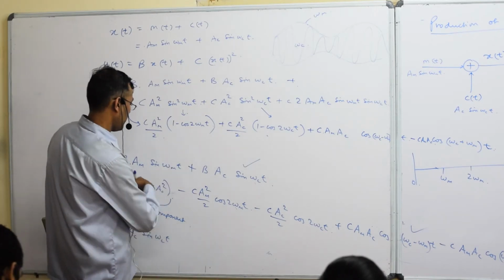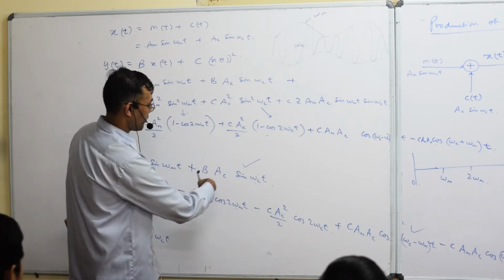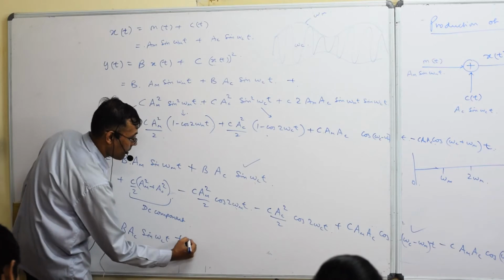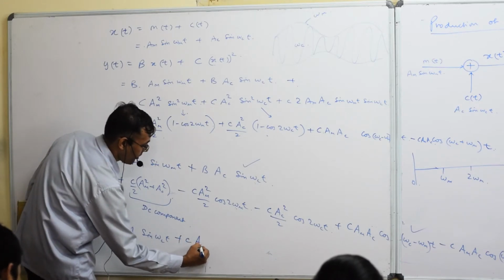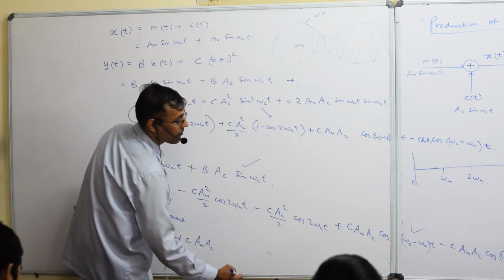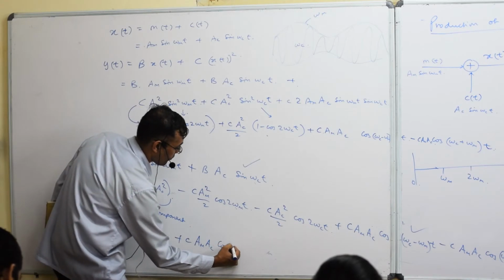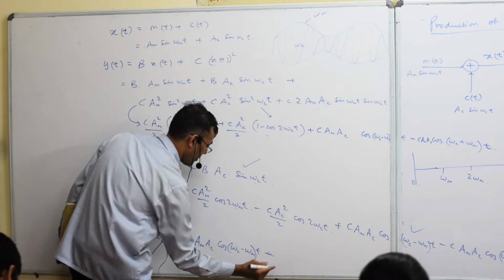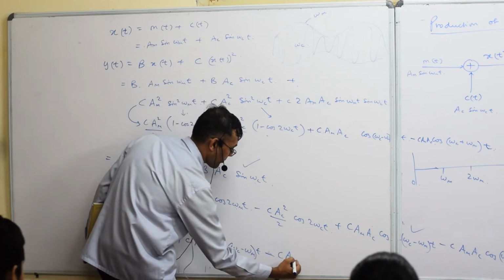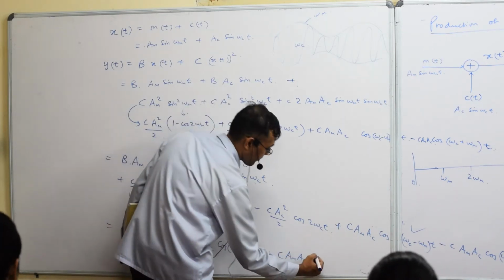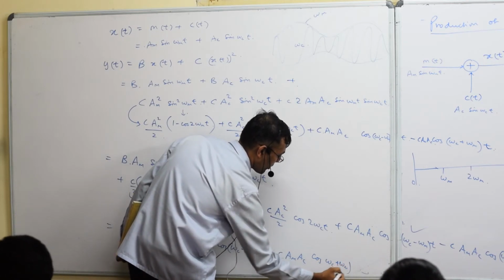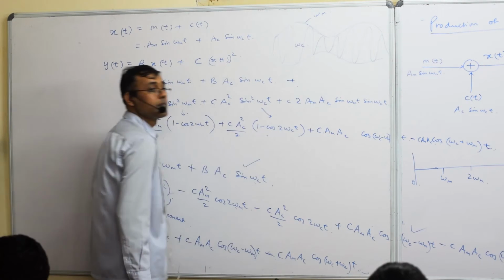And I don't want this, all these things have gone out. So only these two things will be there. That means it is plus C AM AC cos (omega c minus omega m) t minus C AM AC cos (omega c plus omega m) t.